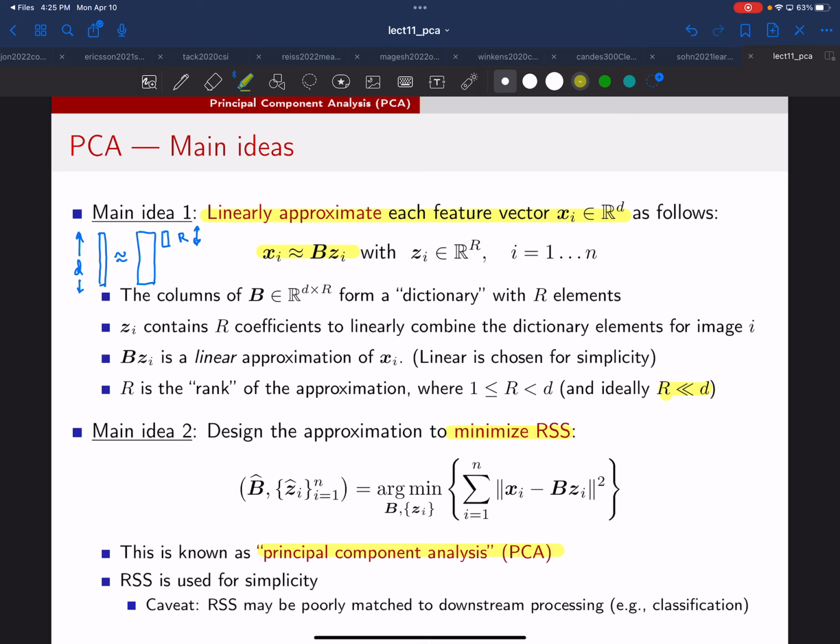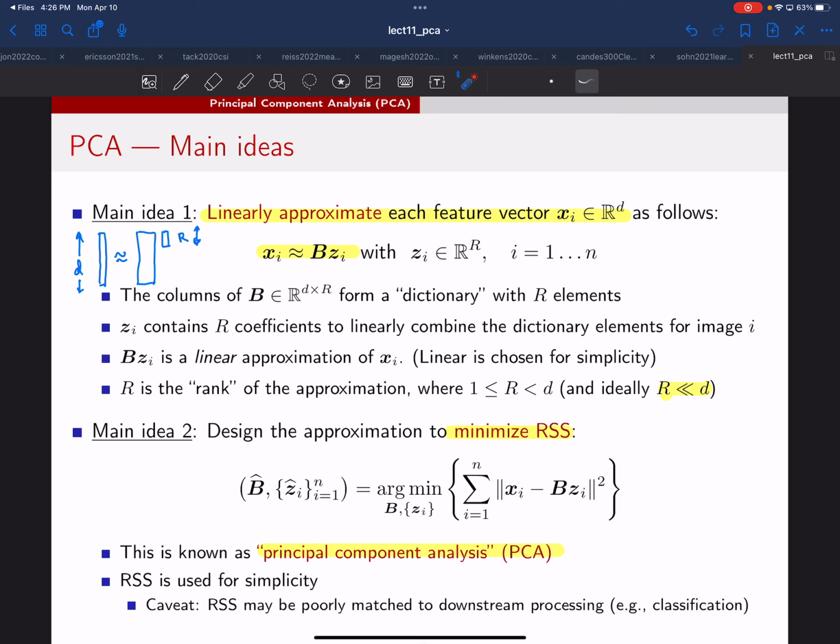We do have to be careful, and I'll show you an example later. If you choose this approximation criterion, you may throw out information that's super important to you, because that information might not be important to this, but it might be important to something else like classification. So it could be that to classify one person's face versus another person's face, you have to look at very small details, which PCA will think are not that important.